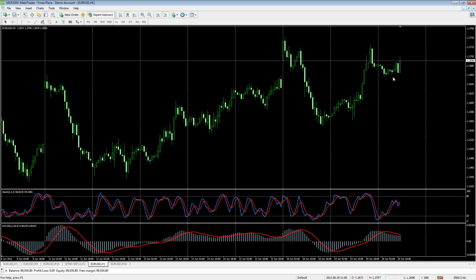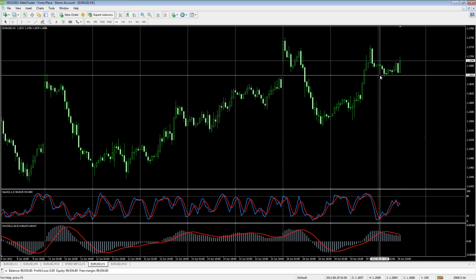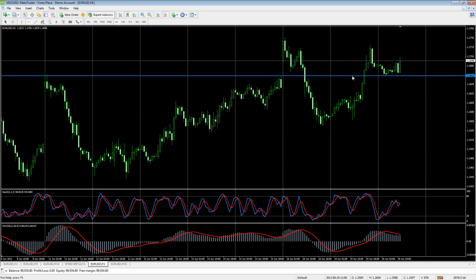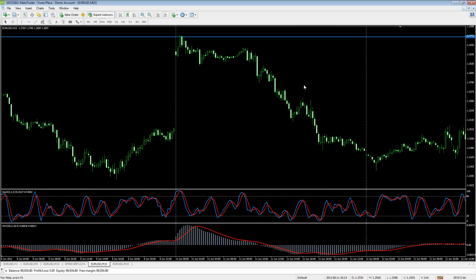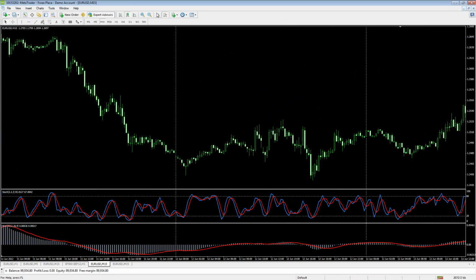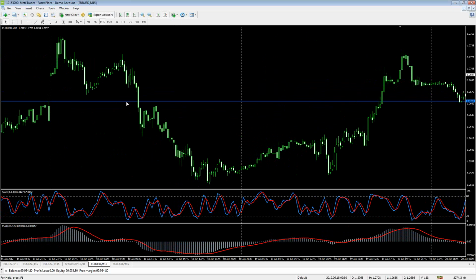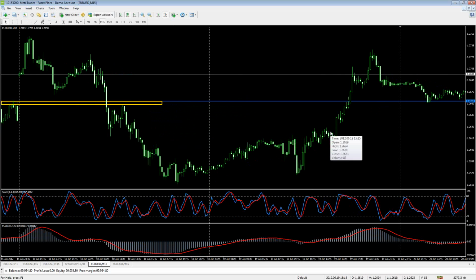You can see here this price action around here. Resistance. There was resistance here, breached around here. There was sort of a resistance again. Again, it's an area. It doesn't have to be exactly on the line.